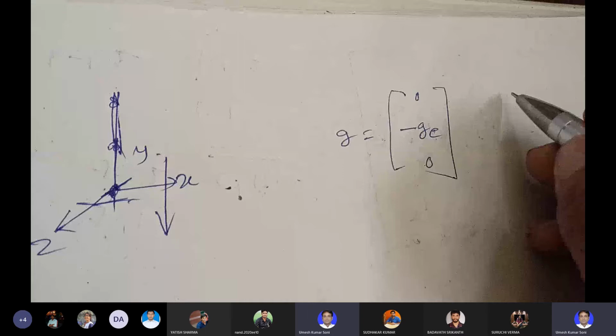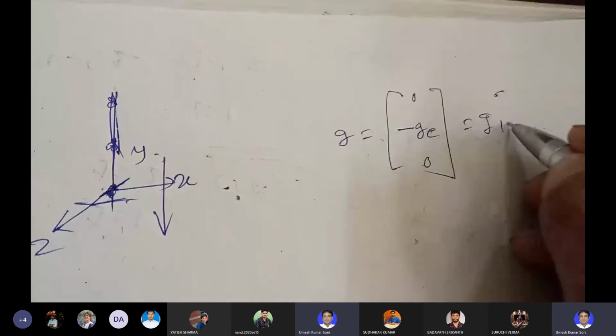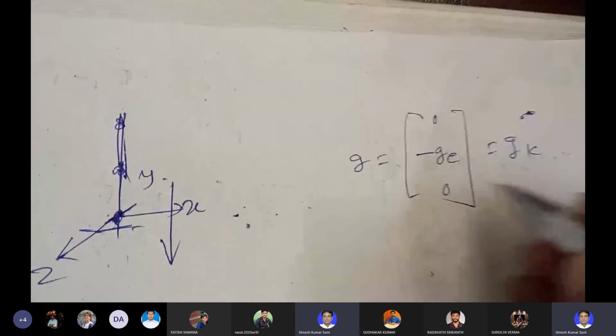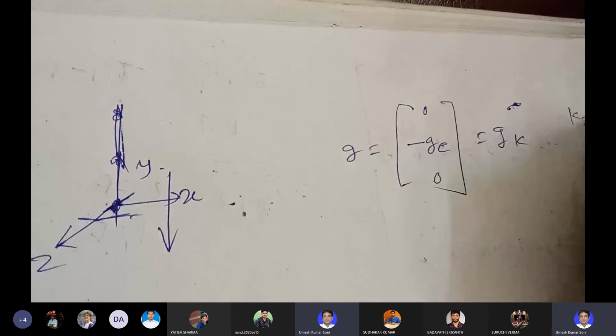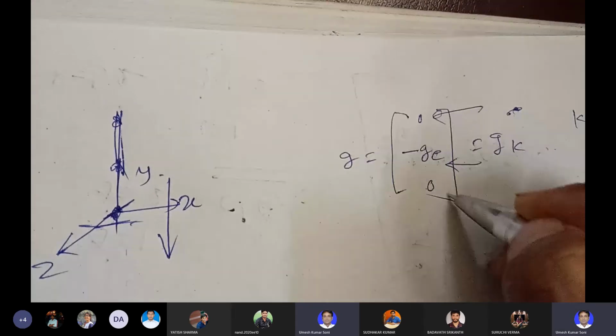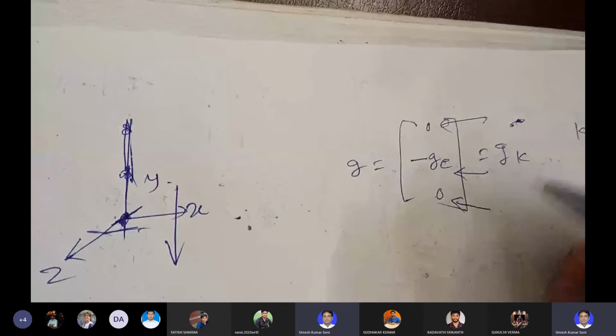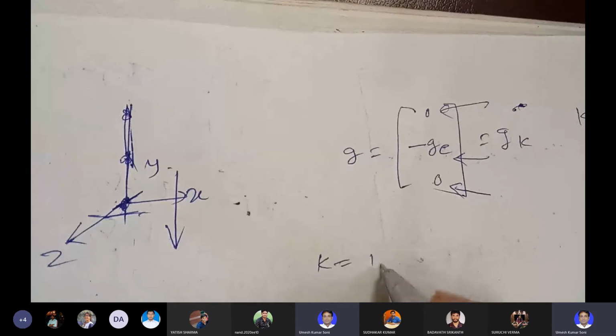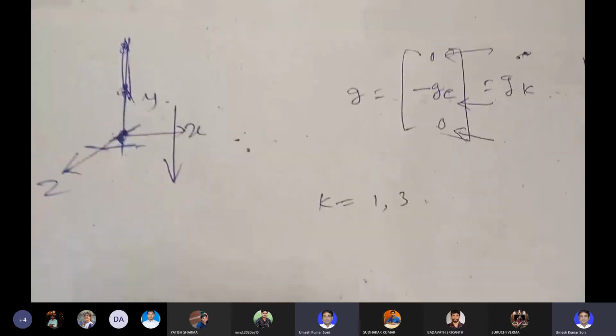This is also called the gk. Okay, so for k equal to 1, this value, for k equal to 2, this value, for k equal to 3, this value. So k is varying from 1 to 3 in this equation.